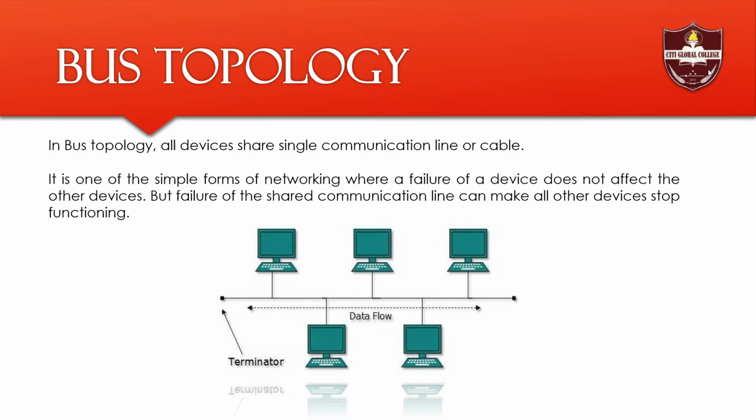It is one of the simple forms of networking where a failure of a device does not affect the other devices, but failure of the shared communication line can make all other devices stop functioning. Both ends of the shared channel have a line terminator. The data is sent in only one direction, and as soon as it reaches the extreme end, the terminator removes the data from the line.